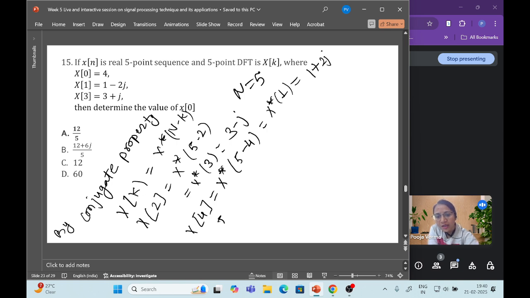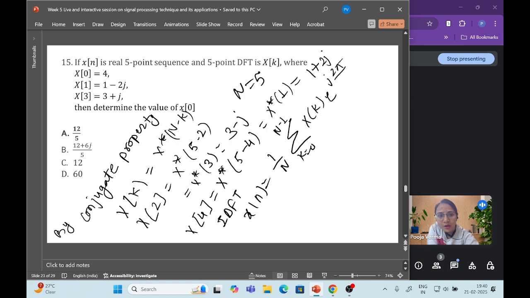Now apply the inverse DFT, IDFT. We know that x of n is equal to 1 by N, summation k varies from 0 to N minus 1, X of k e to the power j 2 pi by N k n. We need to find it for n is equal to 0.